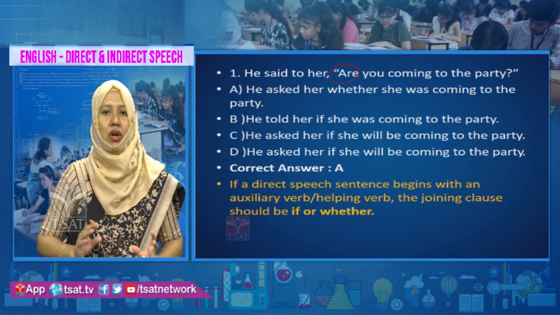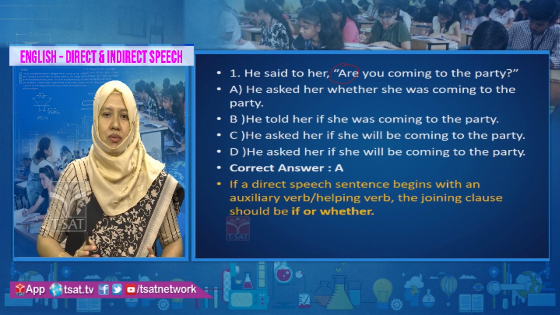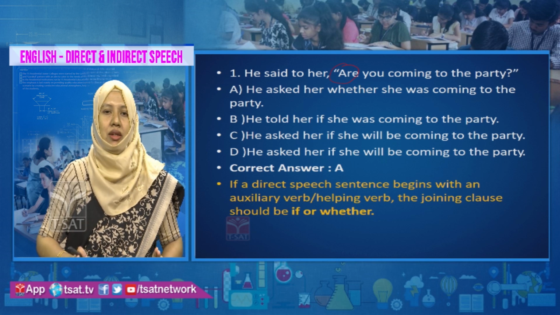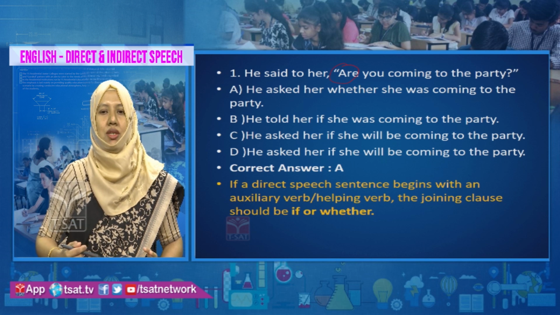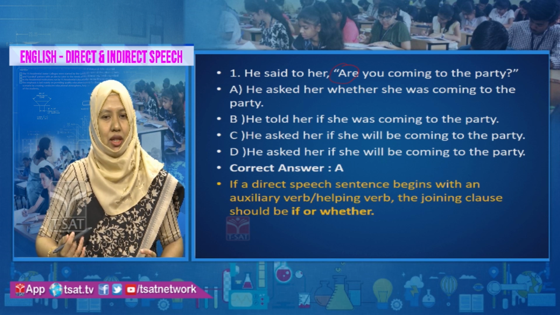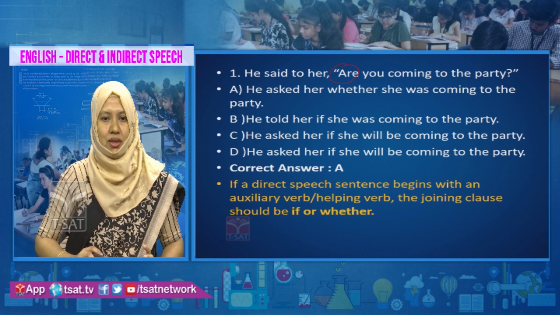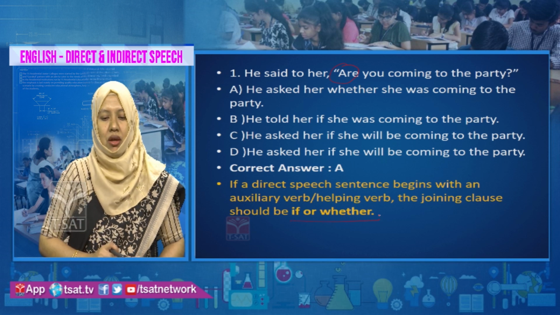The joining clause should be if or whether. Remember the rule, when in the direct speech there is a question starting with an auxiliary verb, the auxiliary verb will change to the conjunction if or whether. In such type of sentences you have to use if or whether as conjunction.